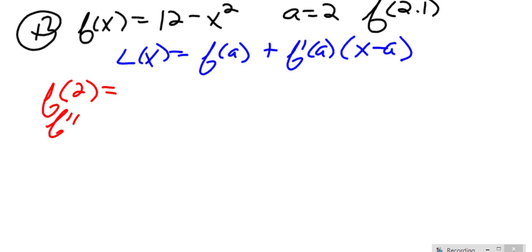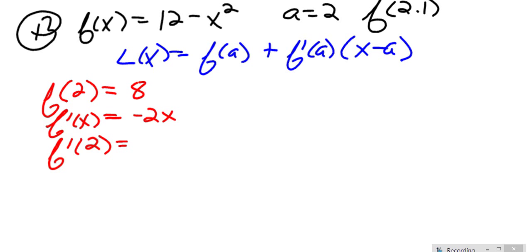I'm going to need to find the derivative of the function and evaluate the derivative at 2 to find the slope. So f of 2, I should get 8. The derivative of this function is negative 2x. And then the slope of this function at 2 should be negative 4.